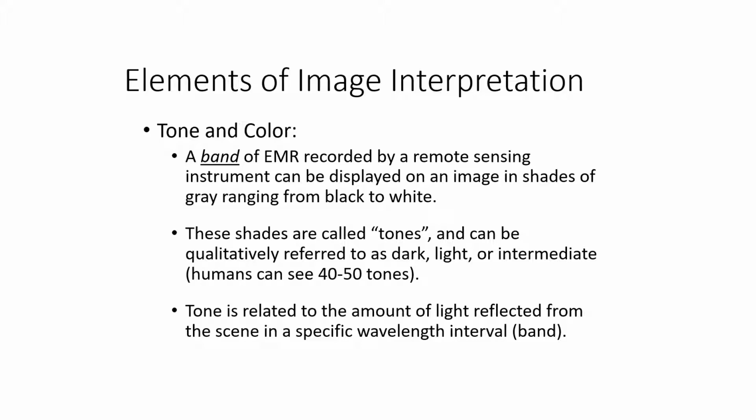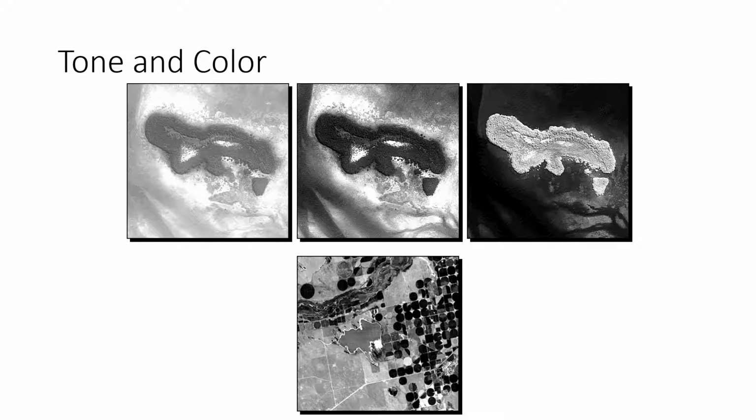Tone is related to the amount of light reflected from a specific wavelength interval. And so with color and tone, we can see how depending on which ones you select, you get very different looking results, and it makes it much less challenging to identify where the unique and interesting things are.